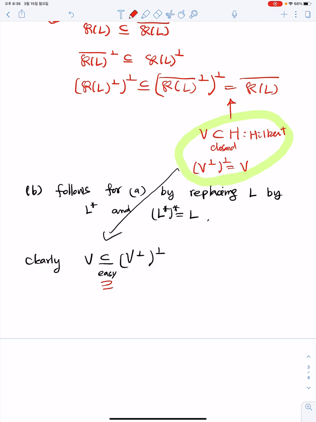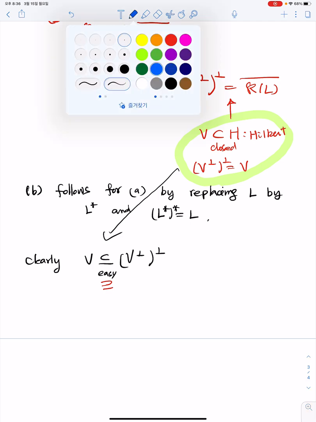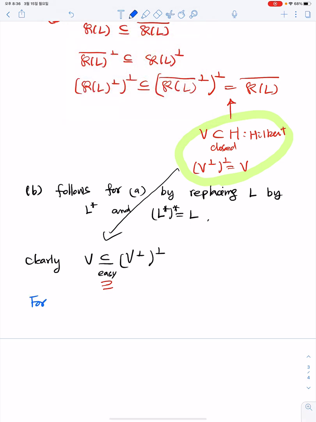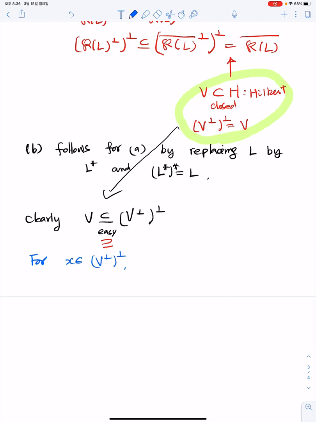So let's take any element. Let's take X in V orthogonal to orthogonal. Then the whole space H is V direct sum with V orthogonal, because V is closed, you can write it in that way.